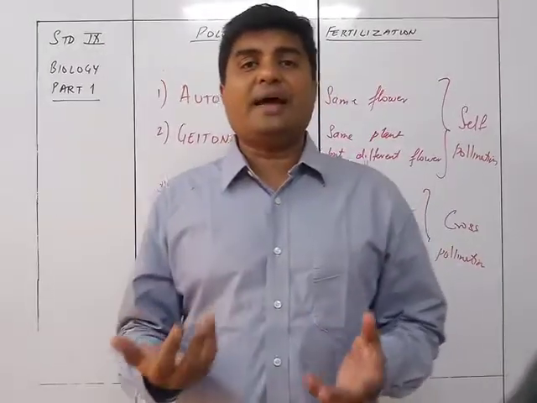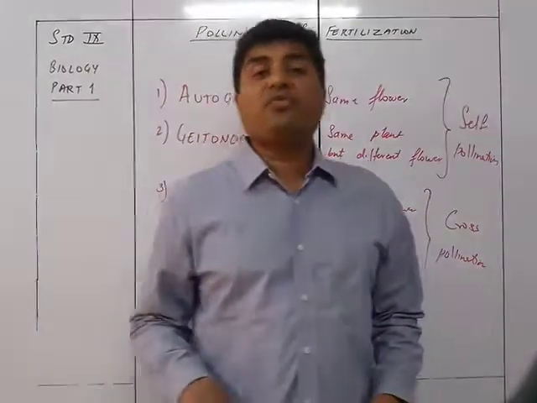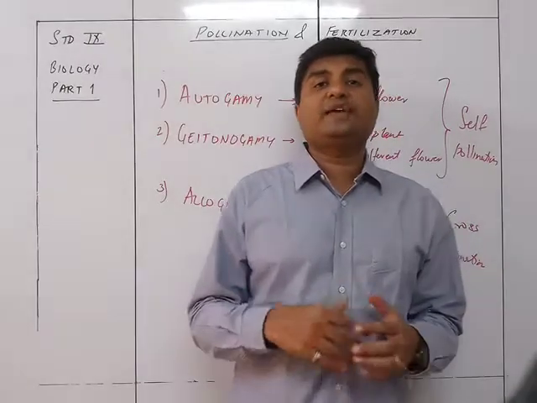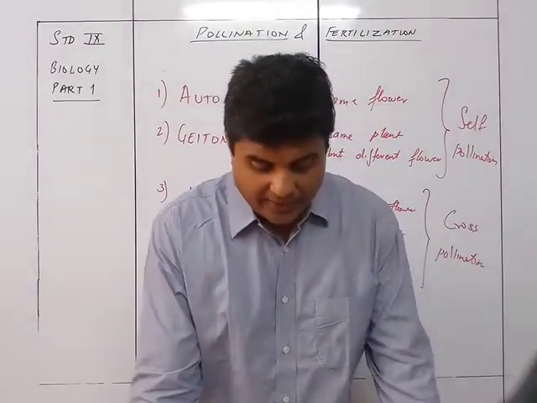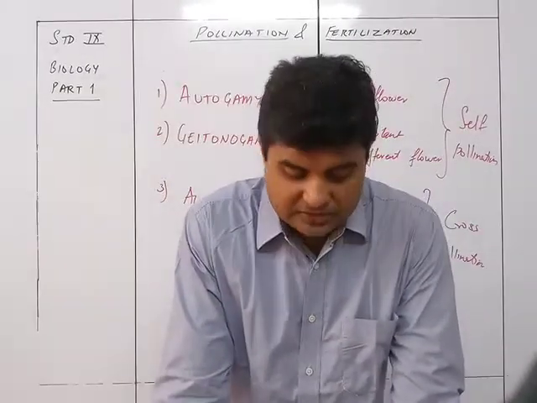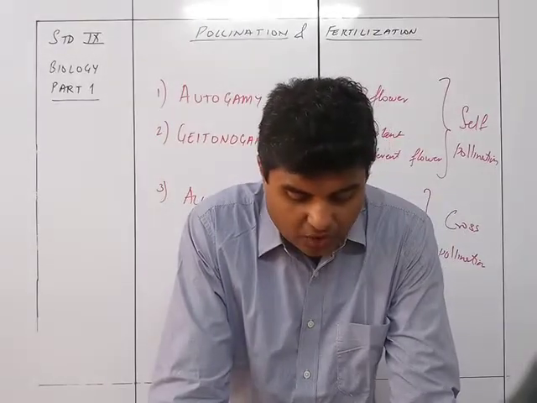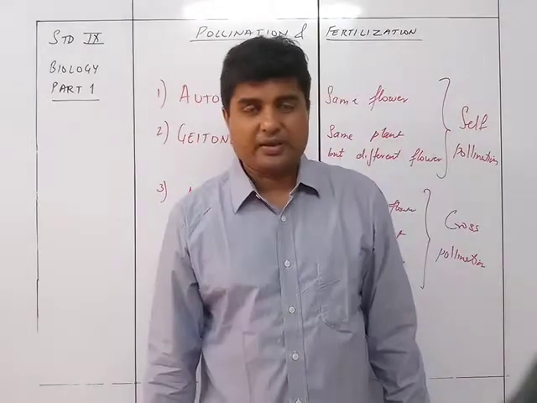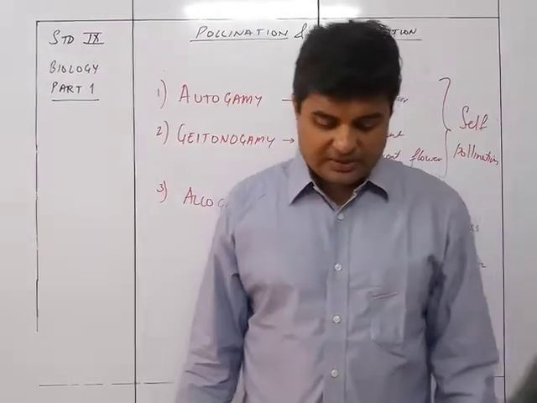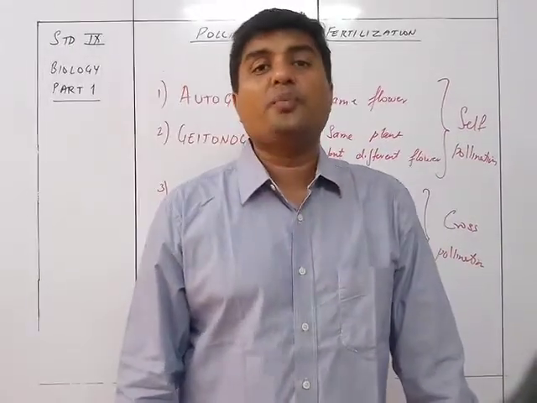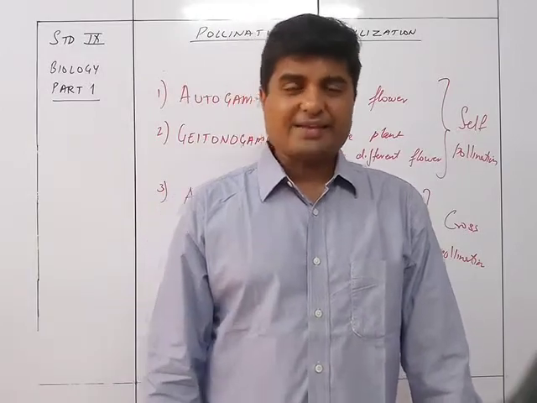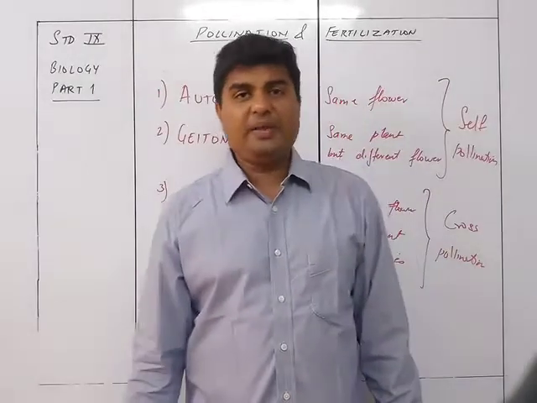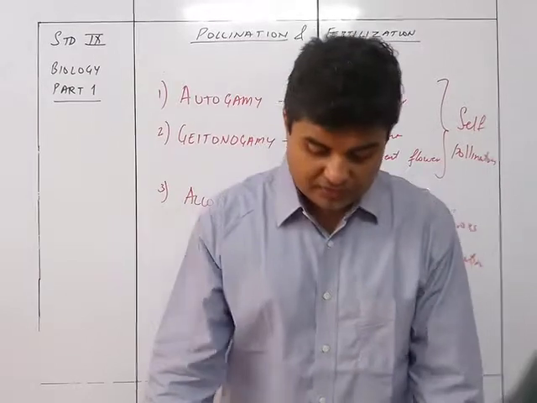Because the anther and stigma are hidden, the chance of cross-pollination does not arise at all. Such flowers are called cleistogamous. Okay, cleistogamous flowers are like that of pansy or pea, the sweet pea.